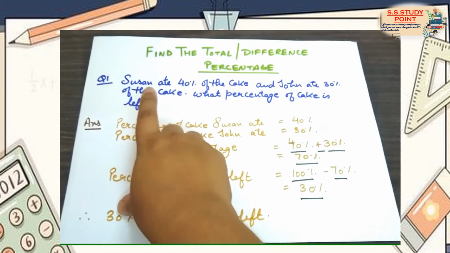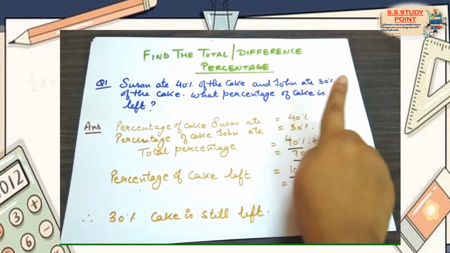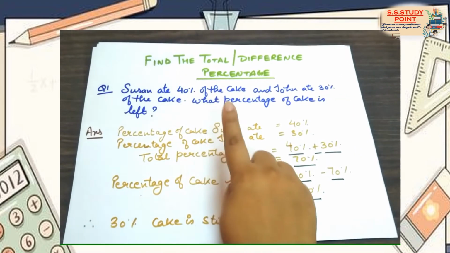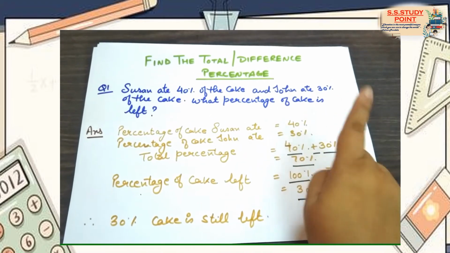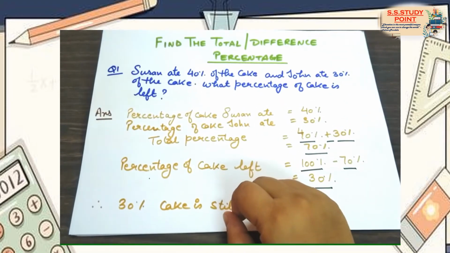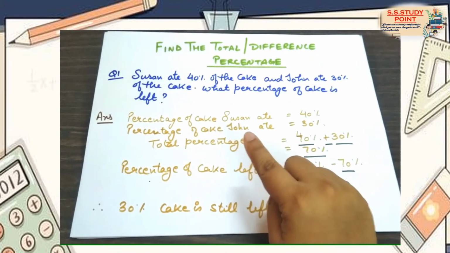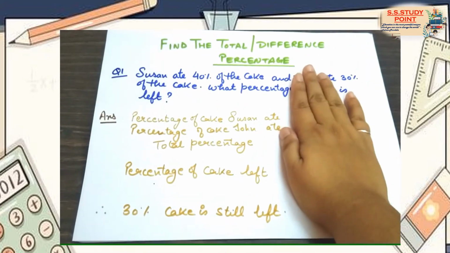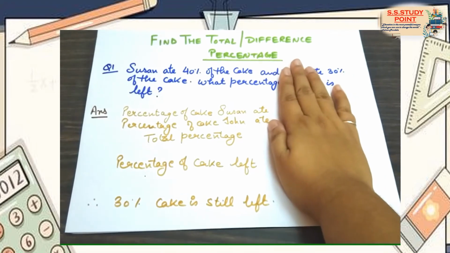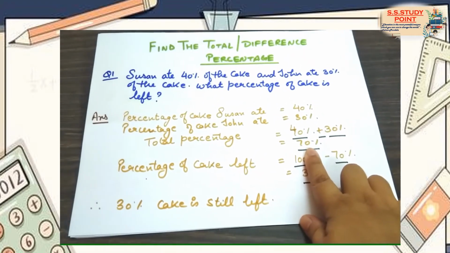Susan ate 40% of the cake and John ate 30% of the cake. What percentage of cake is left? The percentage Susan ate is 40, and John ate 30. What is the total? Yes, 40 plus 30, that means 70.